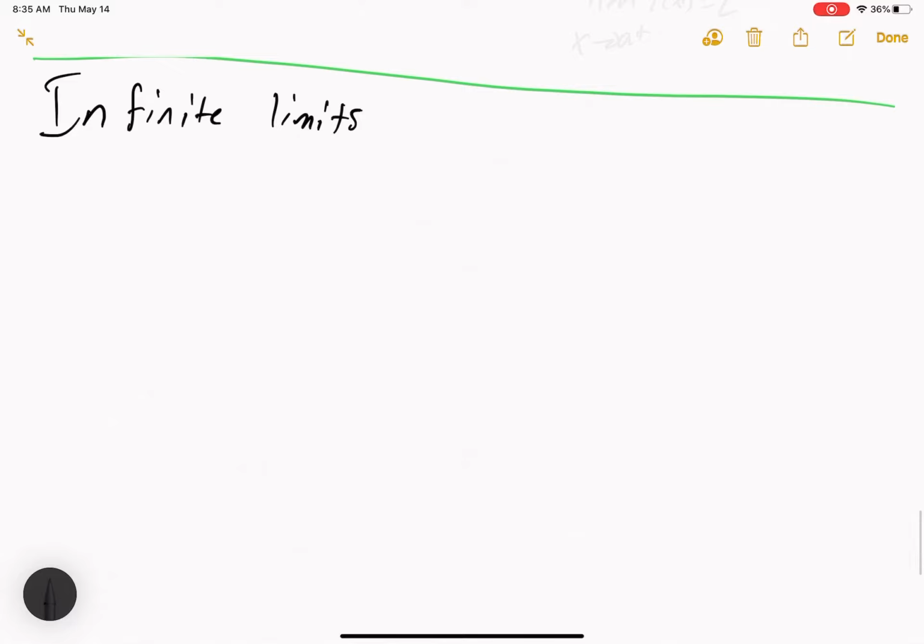So what we're going to say, I'm just going to write it down so it's clear, is that sometimes functions will grow unbounded as you approach a certain value of x.